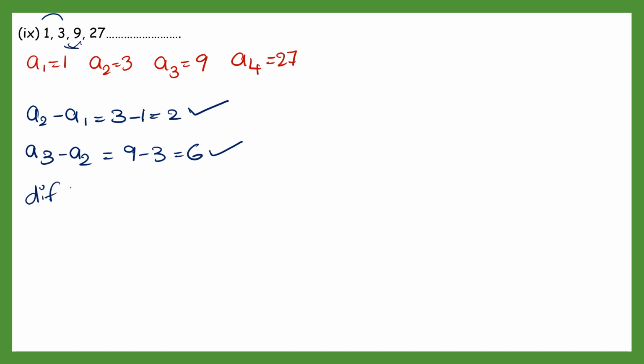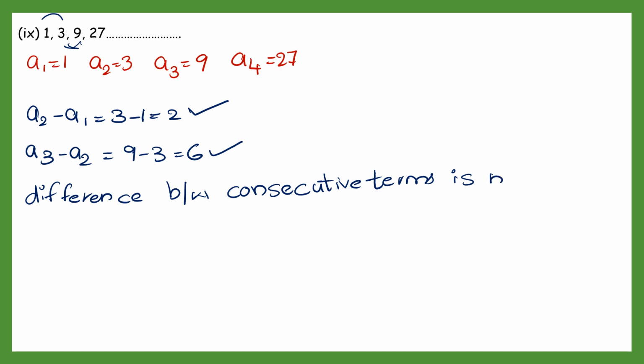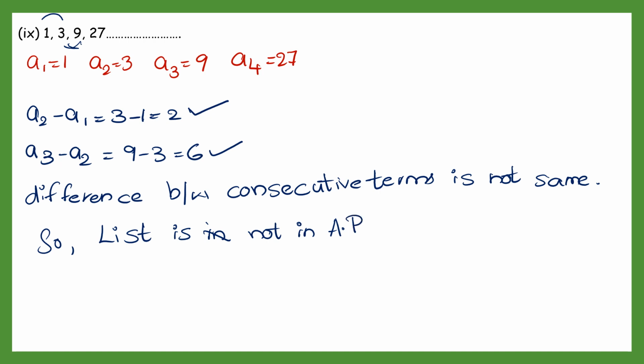So the difference between consecutive terms is not the same. If the difference between consecutive terms is not the same, the list will not be in arithmetic progression. So the list is not in arithmetic progression, AP.